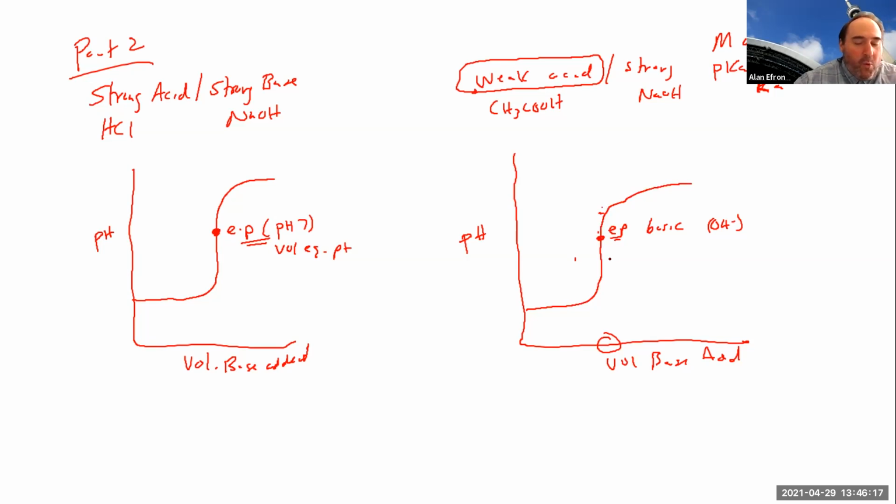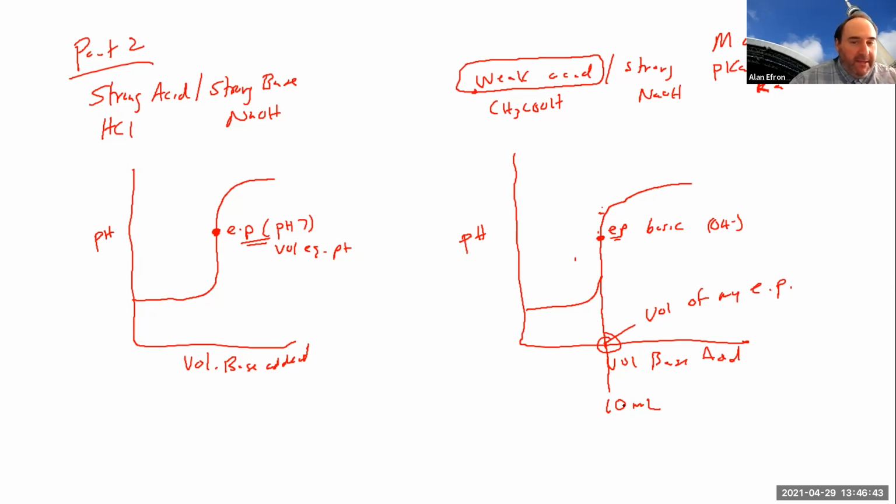All right. So one really important point is obviously we're going to want to figure out what is the volume of my equivalence point. So let's just say, for example, that you did this and the volume was 10 milliliters to reach the equivalence point.